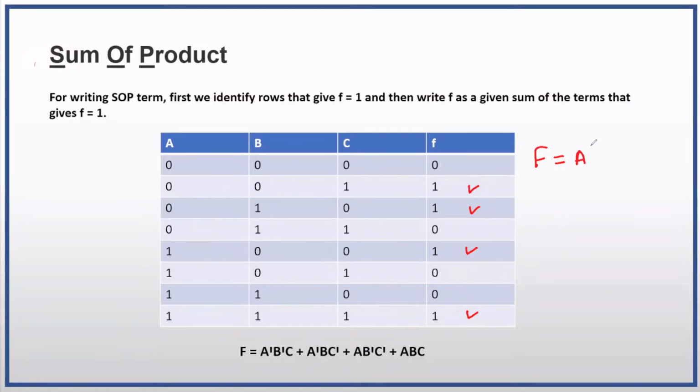You get A prime, B prime, and C. And this is one term. One term is obtained from one row. Then you have to add the next term. The next term is obtained from the next row, which has the true value as the output. So there you have A prime, B, C prime.